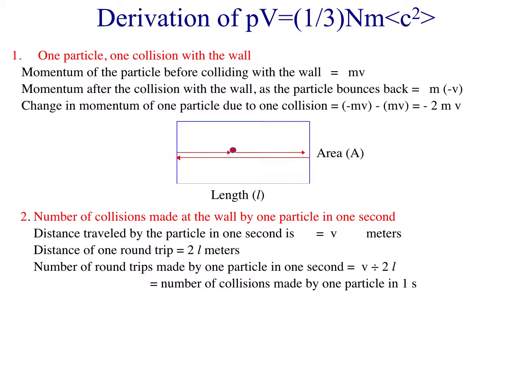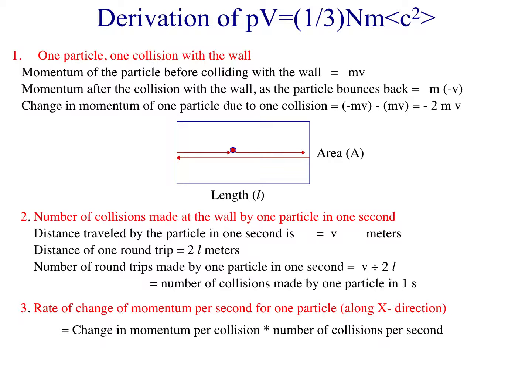So now we can calculate the rate of change of momentum, meaning the change in the momentum of this particle in 1 second along the x-axis. That is simply multiplying two quantities: the change in momentum for one collision multiplied by the number of collisions made in 1 second with the wall on the right-hand side.